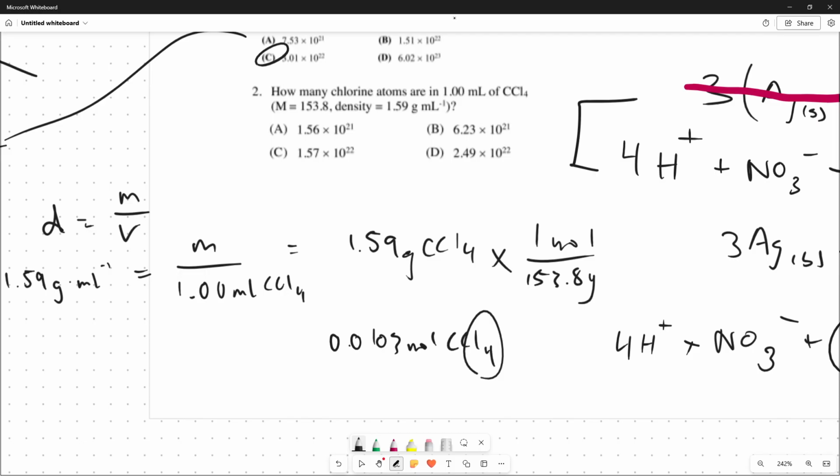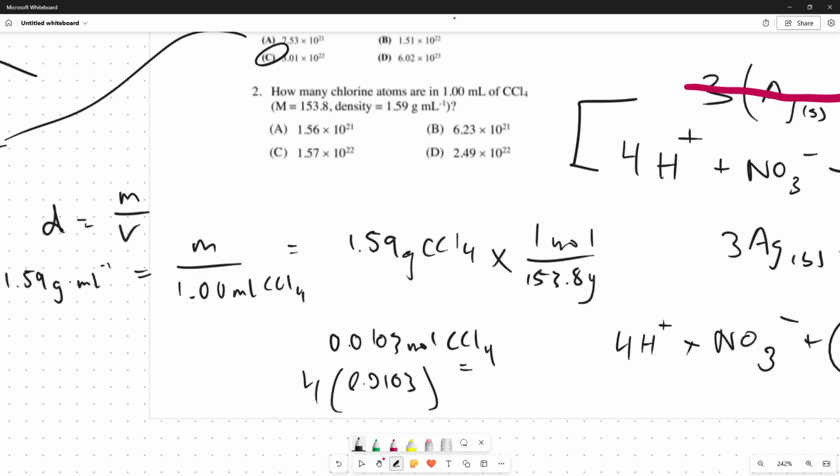And we have 4 chlorine atoms, so it's going to be 4 moles of chlorine atoms times 0.0103. Sorry for my bad handwriting. That's going to be 0.0412.